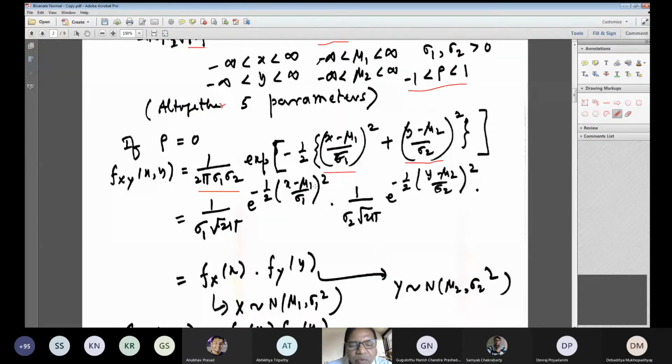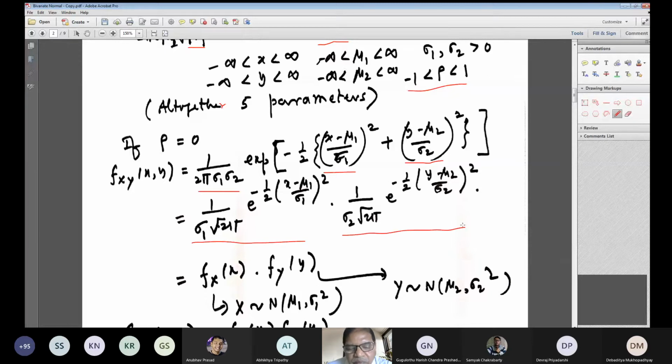Now, if we separate these terms, we can write this as 1 by sigma 1 root 2 pi e to the power minus half x minus mu1 by sigma 1 square, into another factor which is coming, 1 by root 2 pi sigma 2 e to the power minus half y minus mu2 by sigma 2 square. So this is normal, this is normal.